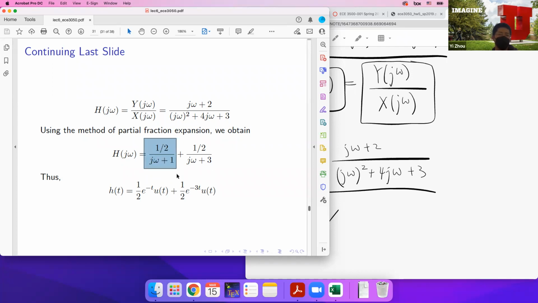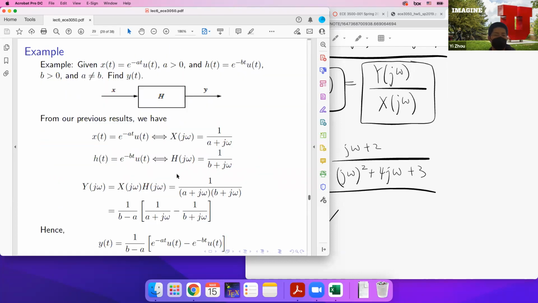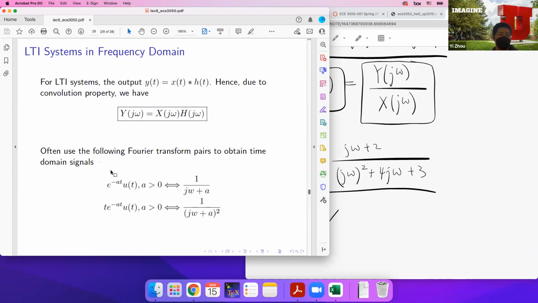Looking at each of the fractions, it falls into the standard Fourier transform pair of exponential signals. So let's go back to this one.